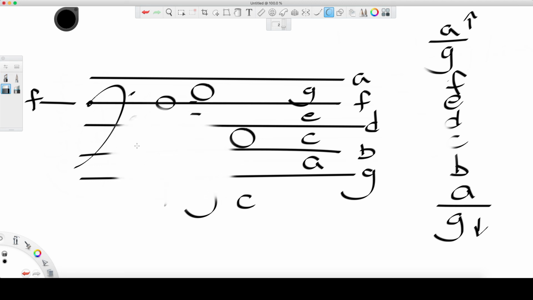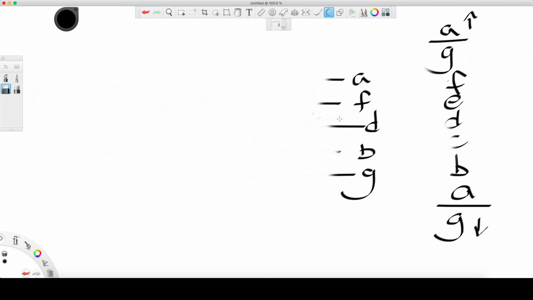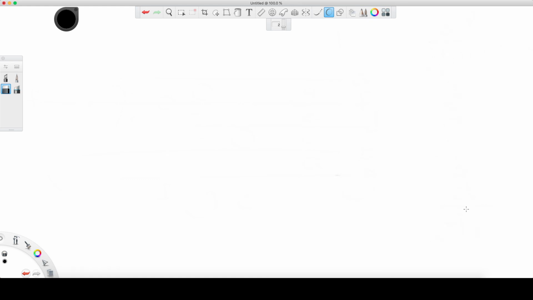Let me just go back, because this video is a bit longer, and reiterate the two different clefs, the most common. We have the treble clef with every good boy deserves fudge. That's the lines.